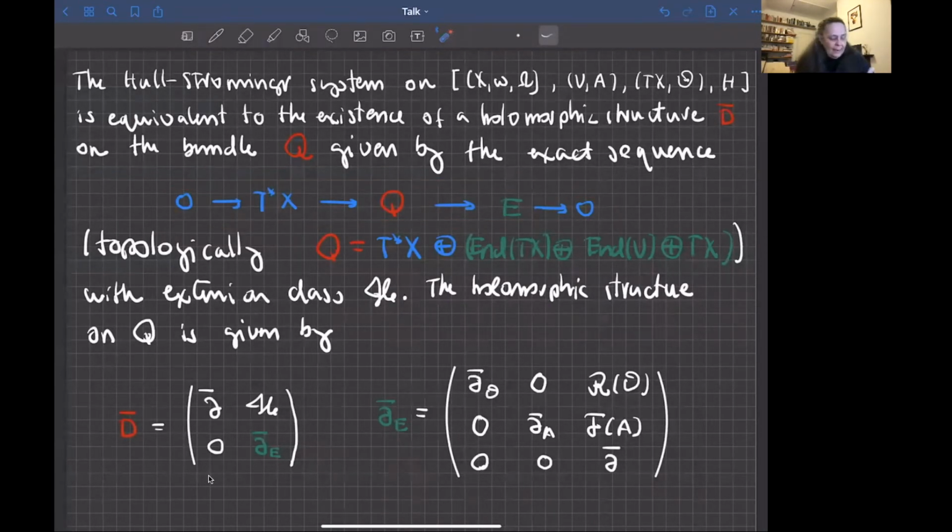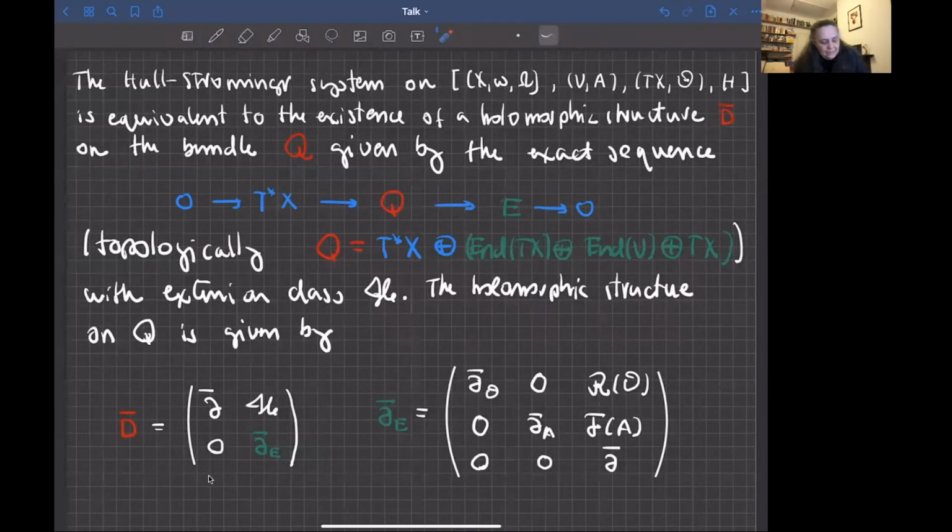What this means is that topologically, Q is going to be the direct sum of the bundle E plus the cotangent space of X. So we are extending E by the cotangent space of X. That was the natural thing you need to put here to extend E, to get the right whole Strominger system.